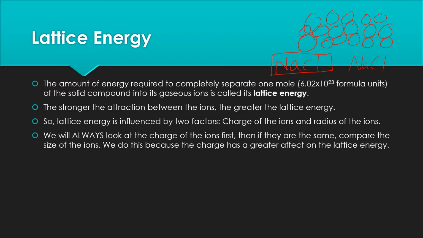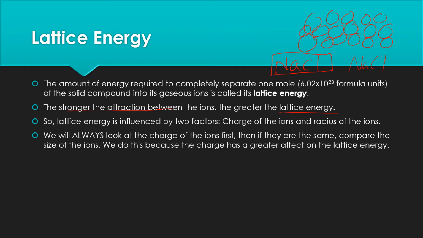So the stronger the attraction between the ions, the greater the lattice energy. So that's why we were looking at the strength of the attractions. Lattice energy is influenced by those two factors, the charge of the ions and the radius of the ions. Now, there is an order at which to analyze the strength of attraction. We will always look at the charge of the ions first. And then, if they are the same charge, we will compare the size of the ions, the radius.